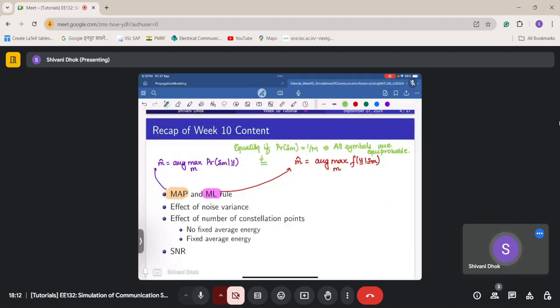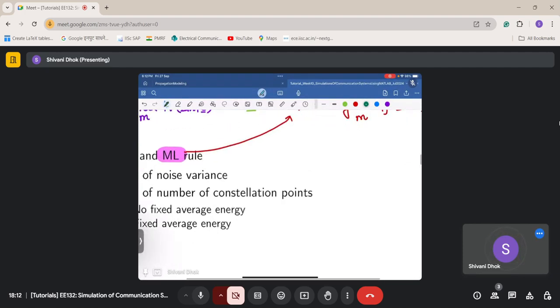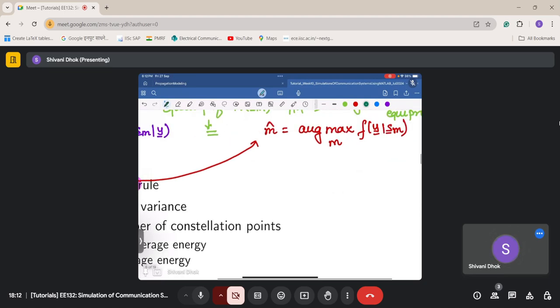Another thing: for Gaussian noise, we specialized this ML rule. Let's say we have y equal to s plus w, and w is your Gaussian noise.